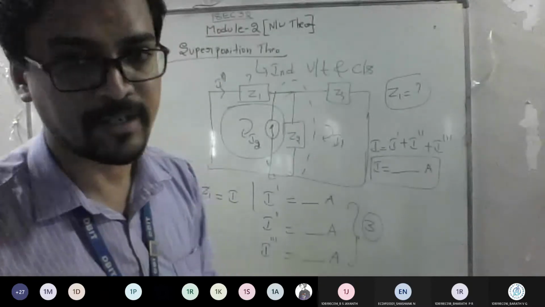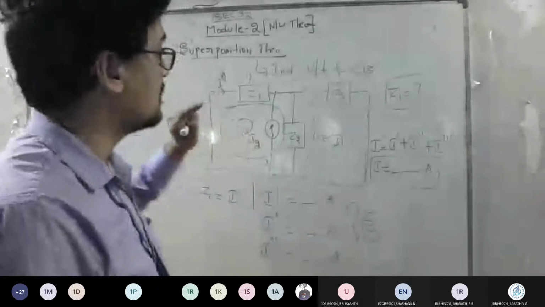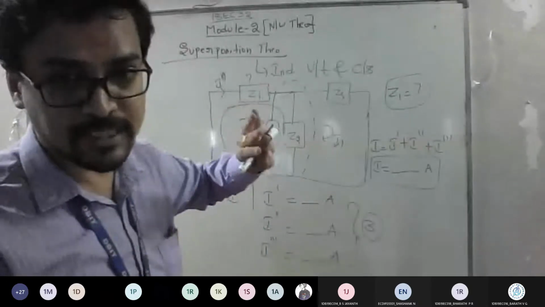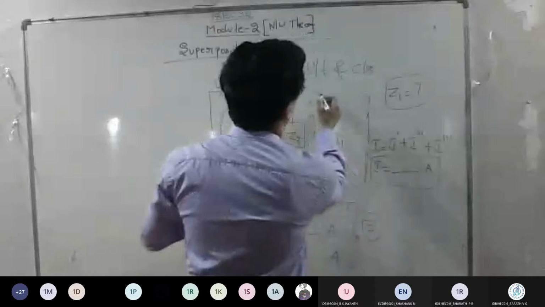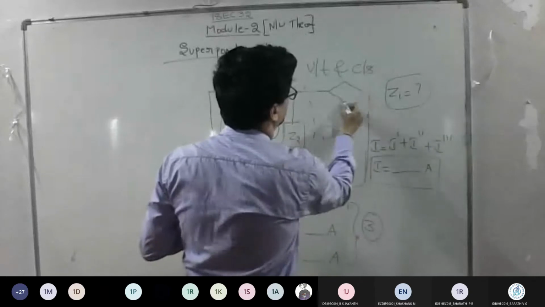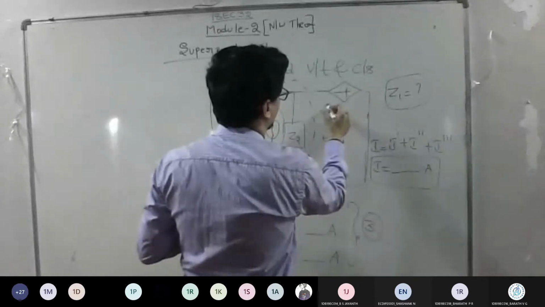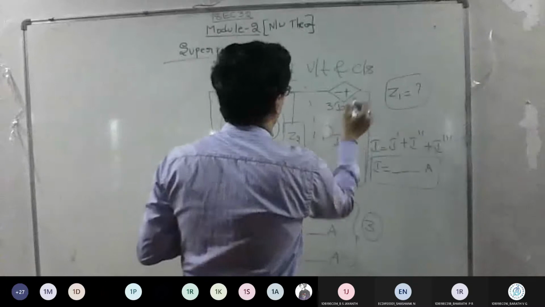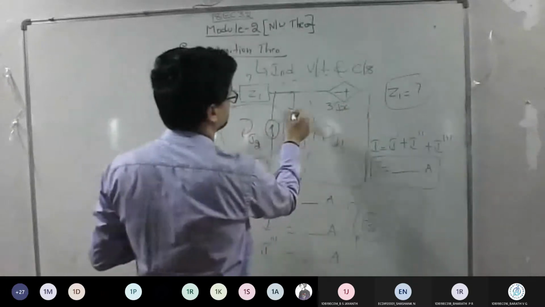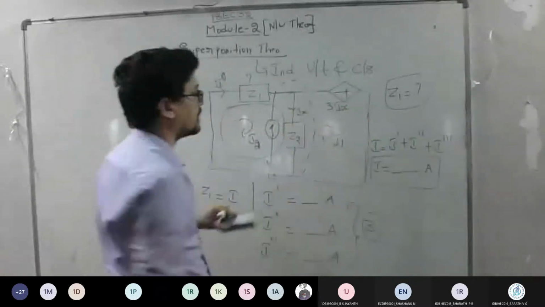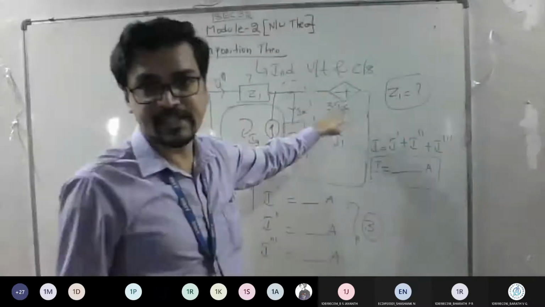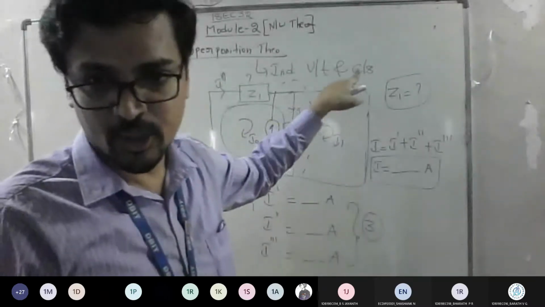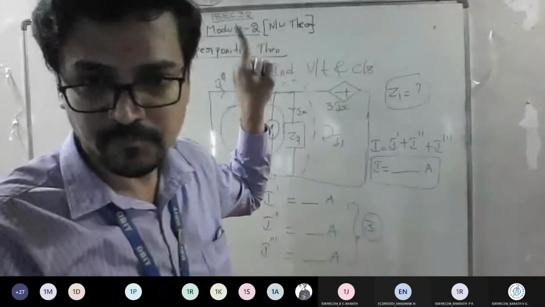Fine. Let's change the slide. Assume that in the same circuit, we have a dependent source, plus or minus, and I'll write some 3ix, where ix is somewhere here. If this is a circuit, this is a dependent voltage source. So do you want to short that now?